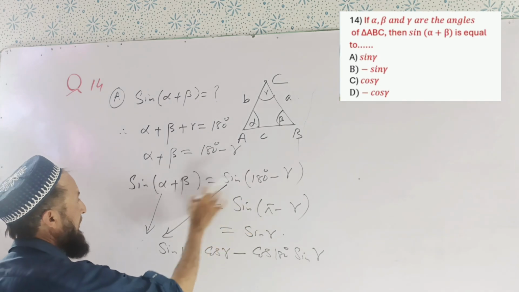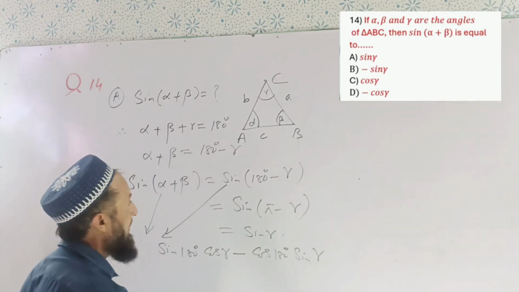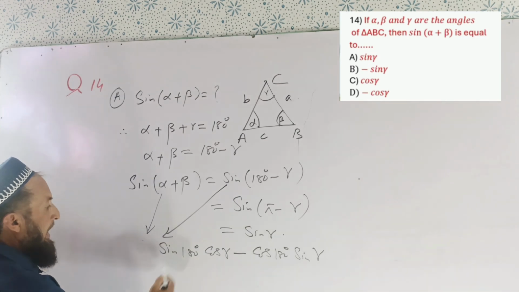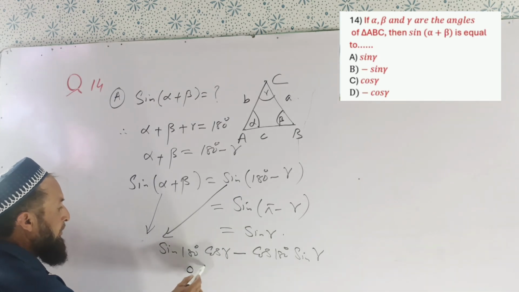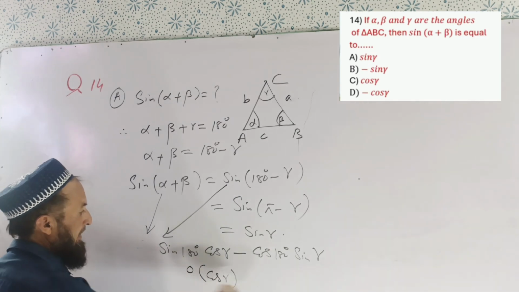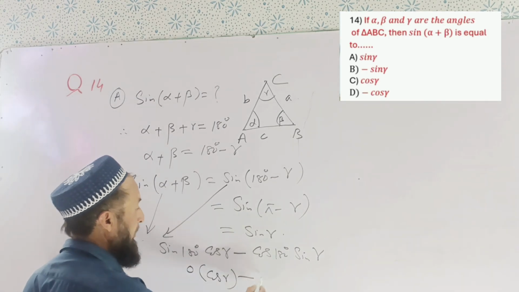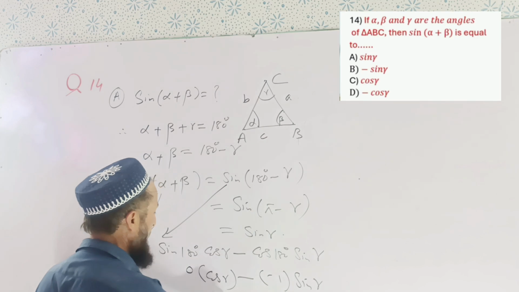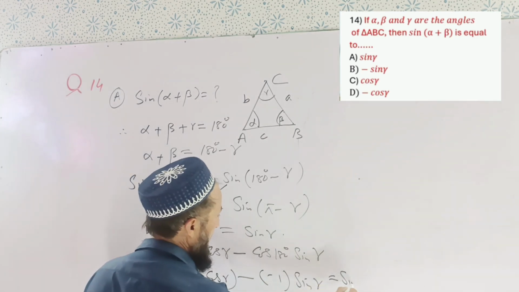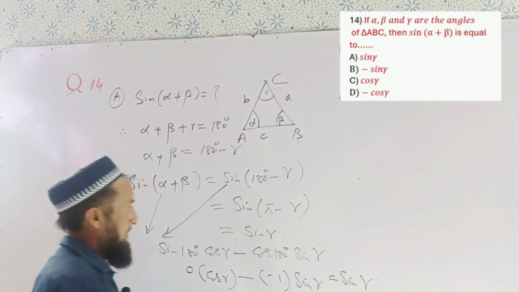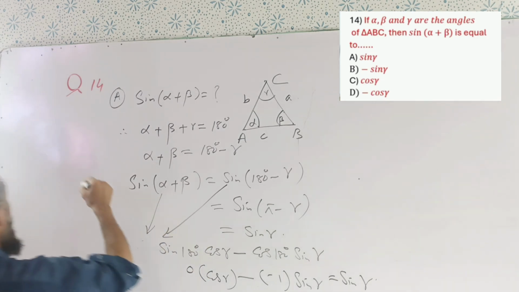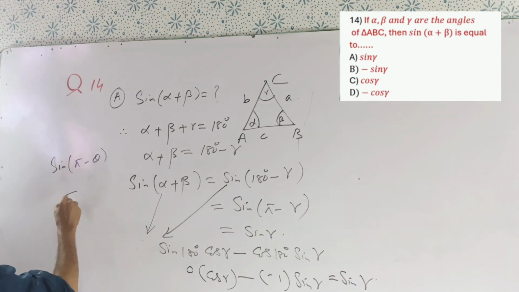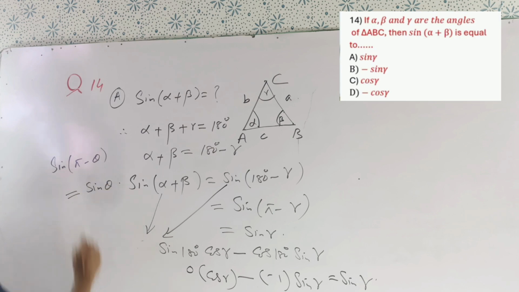Here sine 180 will be equal to 0, cos 180 will be equal to minus 1, and sine gamma. So this term will be 0, and the result gives sine gamma. So directly, as we know the formula of sine pi minus theta, we get sine theta.